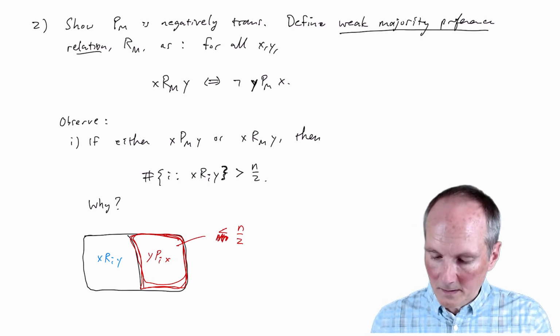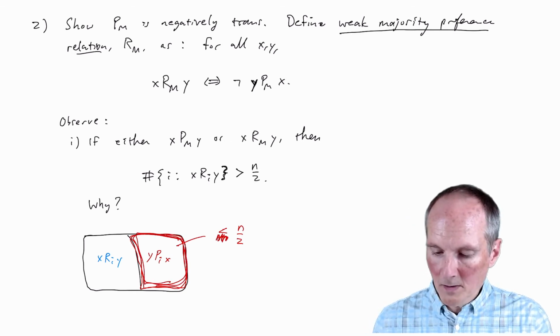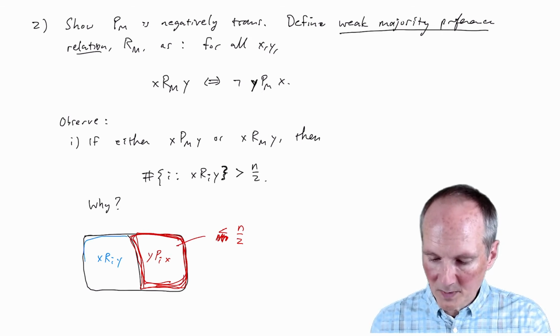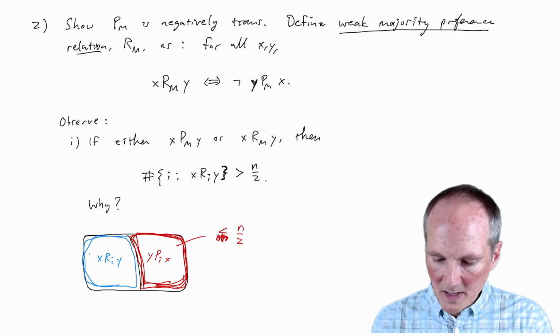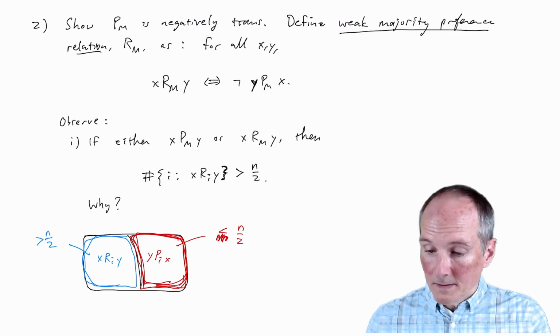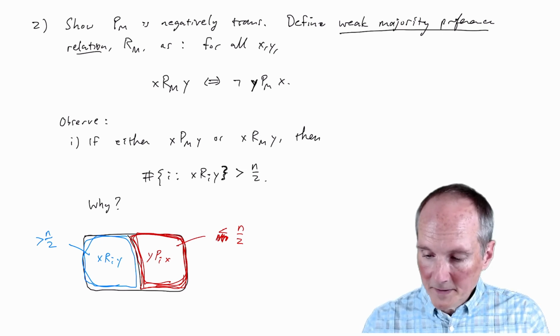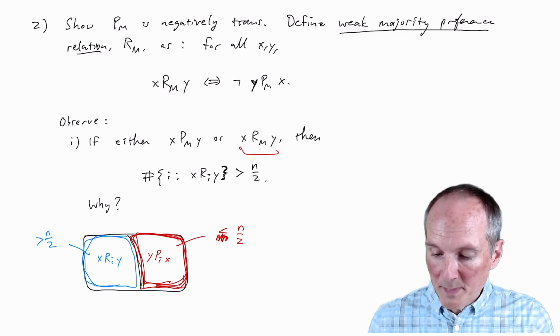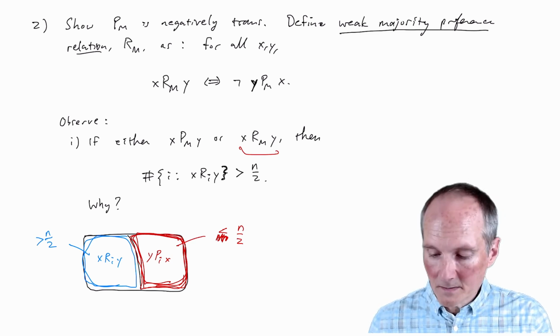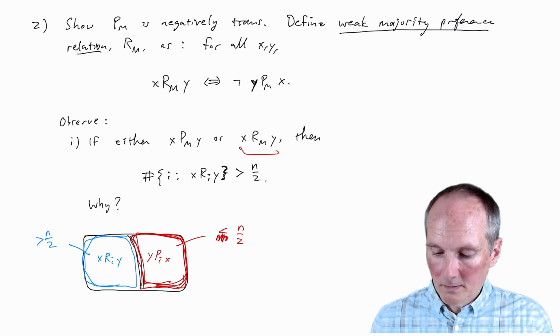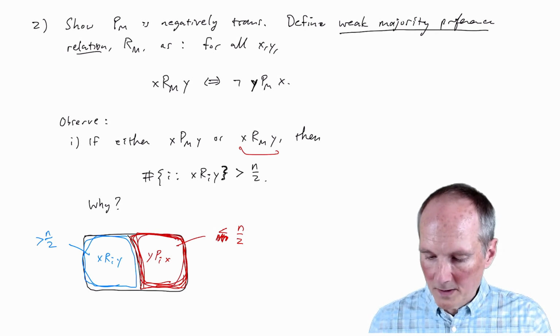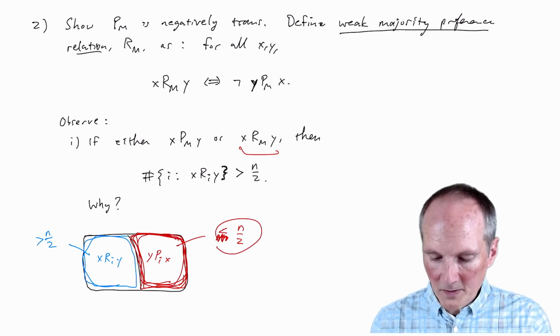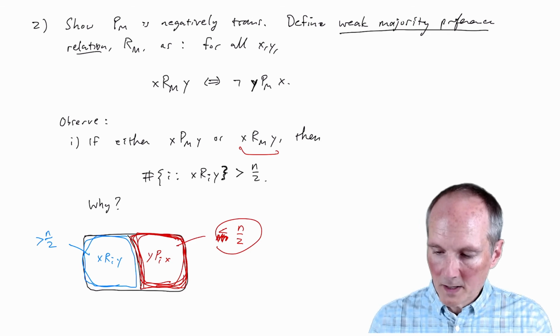There's less than half of all the voters in the red group, and that means that everyone else in the blue group must be a majority. It's just the same if x is weakly preferred to y: by definition y does not beat x, so in the red group there's less than half of the voters, and in the blue group there's more than half.